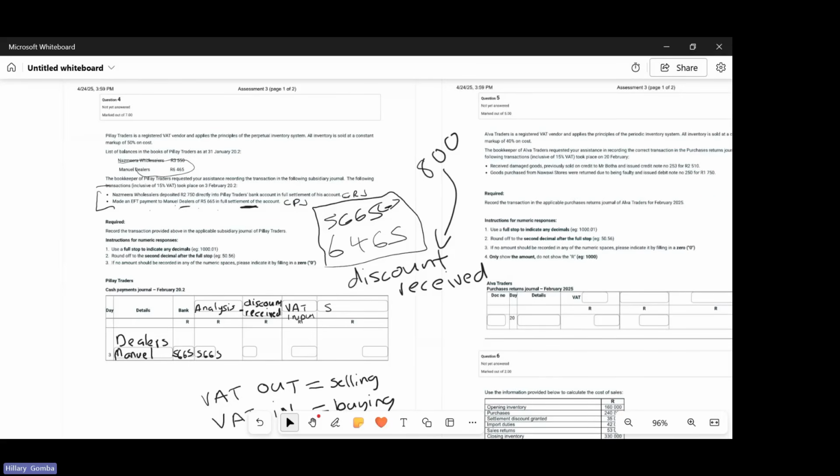So instead of the normal transaction on the normal account when you're dealing with a cash payment, where it's always VAT input, now it's a tricky part because we have a discount received, and if we receive a discount, it automatically becomes the opposite of the VAT that we had. So if it was a VAT input, it becomes a VAT out. If it was a VAT out, it becomes a VAT in. Do you understand?